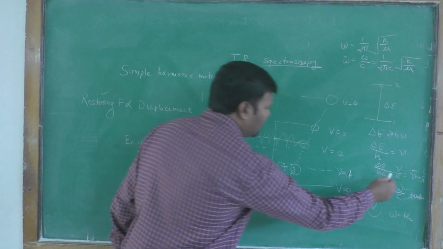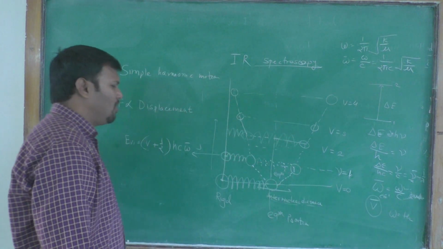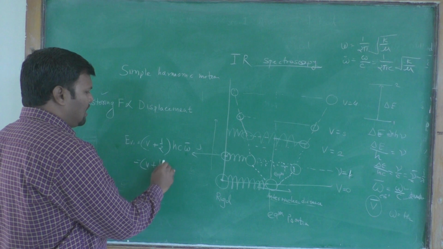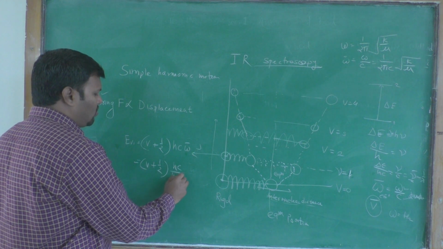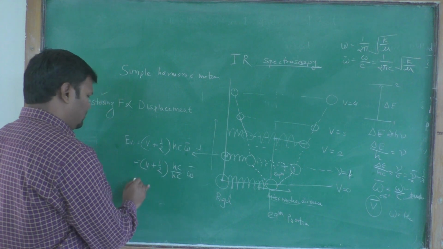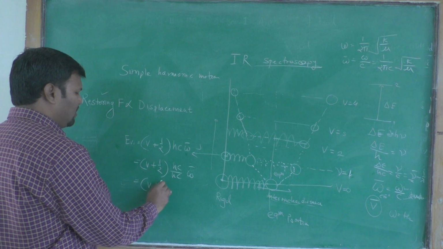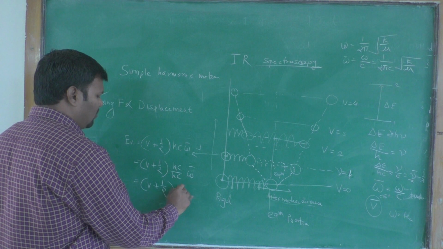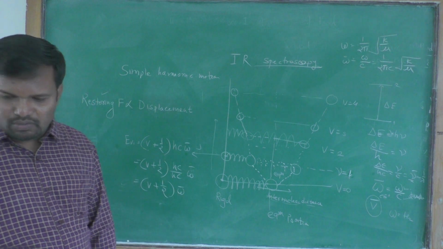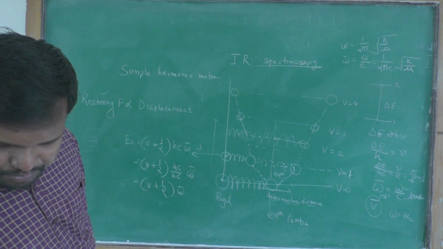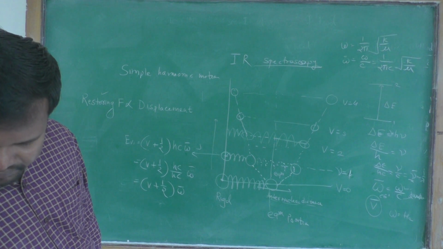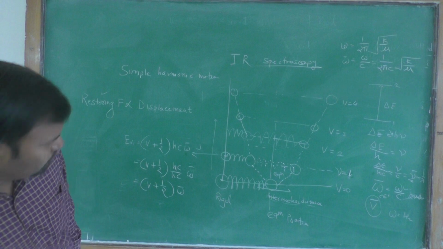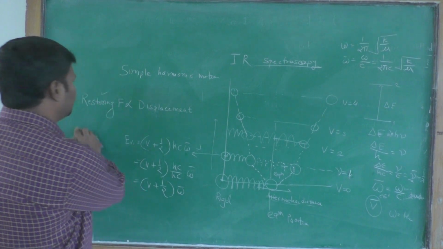Then the energy will be in the form of nu bar, equal to V plus 1 half Hc upon Hc nu bar. Therefore your equation will be V plus 1 half omega bar. This is the equation obtained from that particular equation, and this is all we have seen.